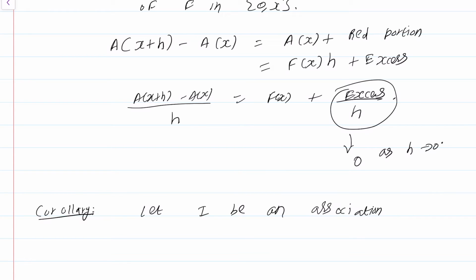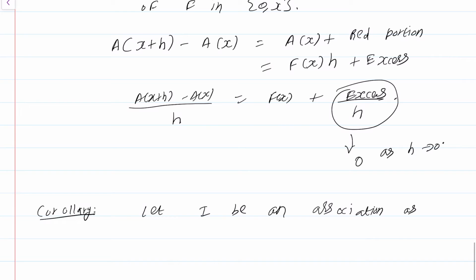There could be more than one way that satisfies conditions 1 and 2 that we have stated in the previous theorem. Let I be an association as in the previous theorem, then I is uniquely determined. There is only one such function.